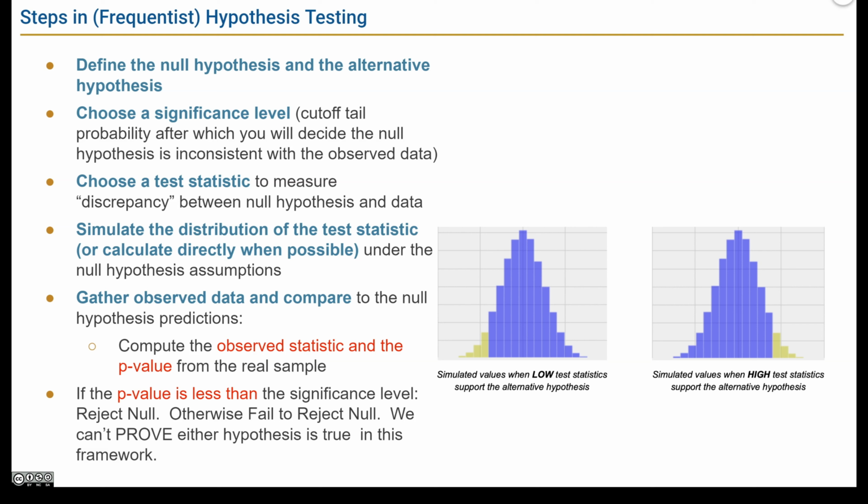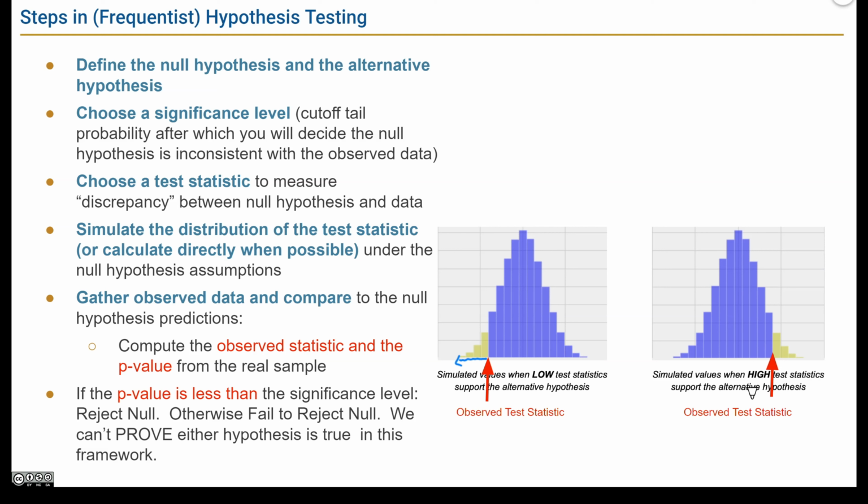For a visual of these last few steps, these are examples of two different distributions of two different test statistics under different null hypotheses. And here is, for example, the observed test statistic from the data. If we have a situation like the one on the left here, where low test statistics support the alternative hypothesis, then to get the p-value, we start at the observed statistic and look to the left.